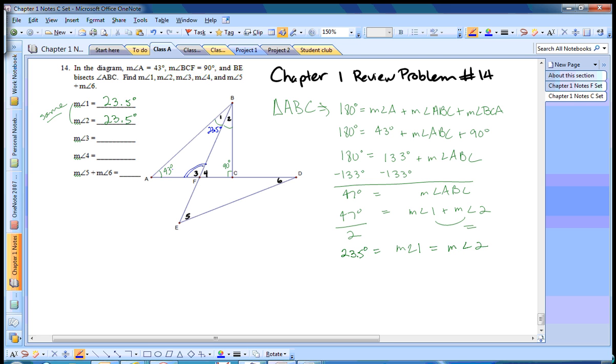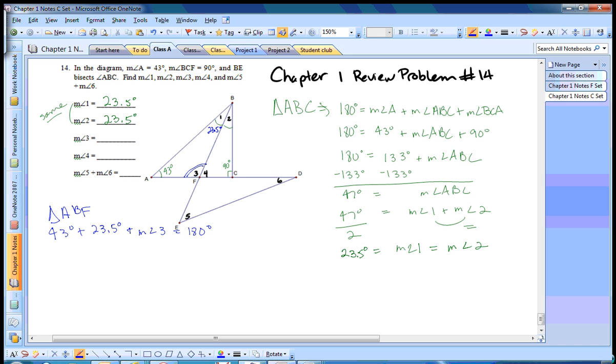If I know two angles in a triangle, I can figure out the third. So that's triangle ABF. And that should be 43 degrees plus 23.5 degrees plus the measure of angle 3 should all add up to 180.